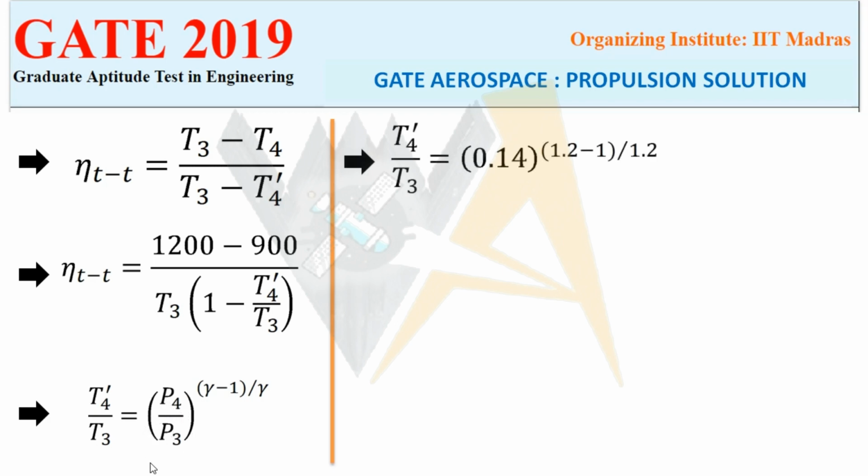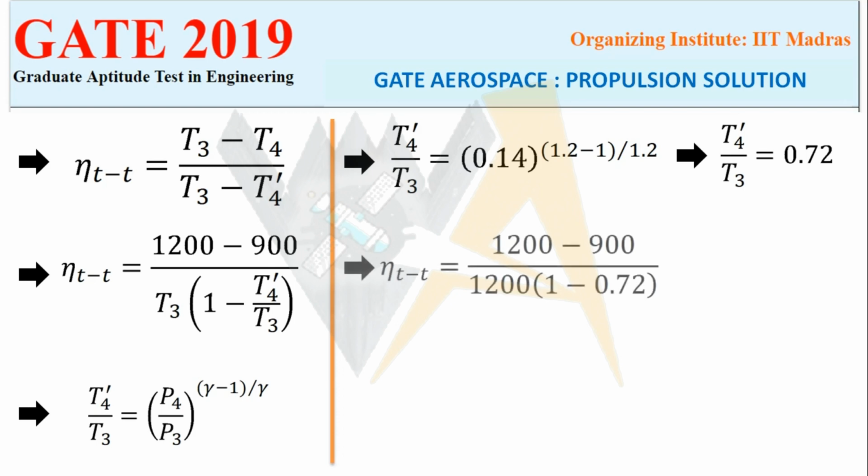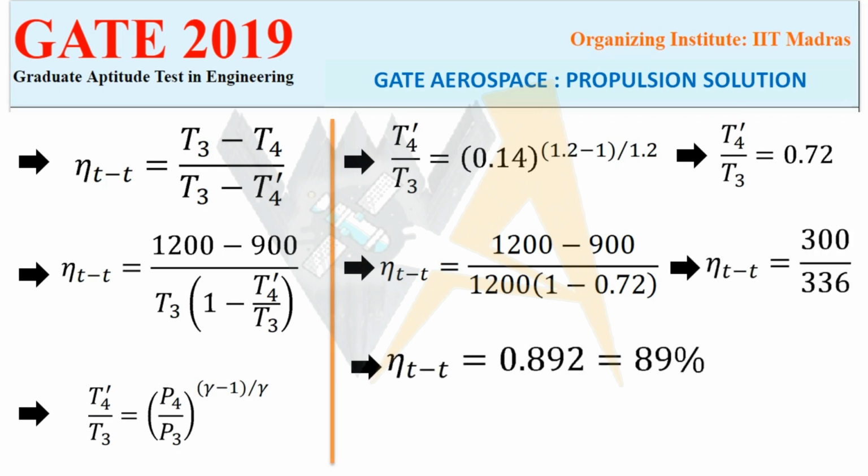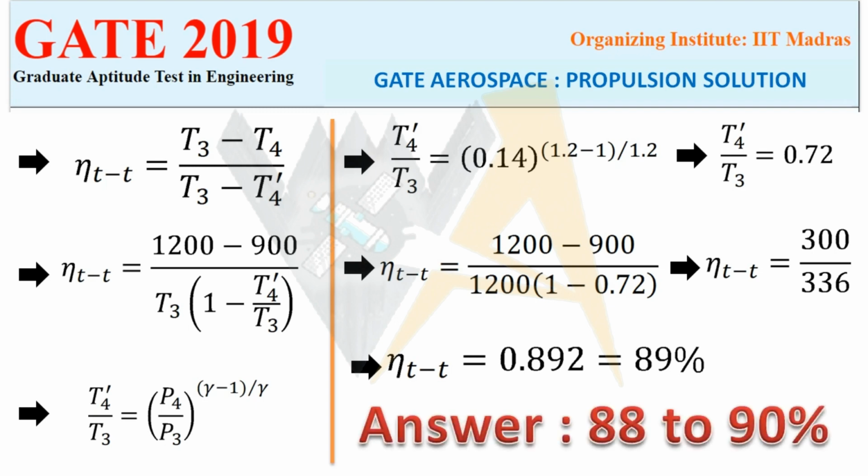After substituting the values, we get T4 prime by T3 equals 0.72. Now this value we substitute in the given formula, and we can find the efficiency is about 89%, and as per the given data the answer ranges from 88 to 90%, which is within the reasonable zone.